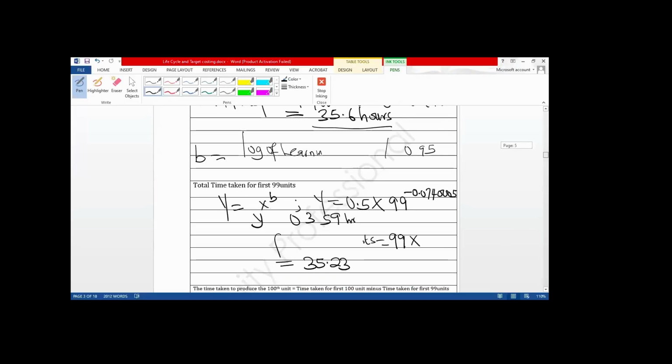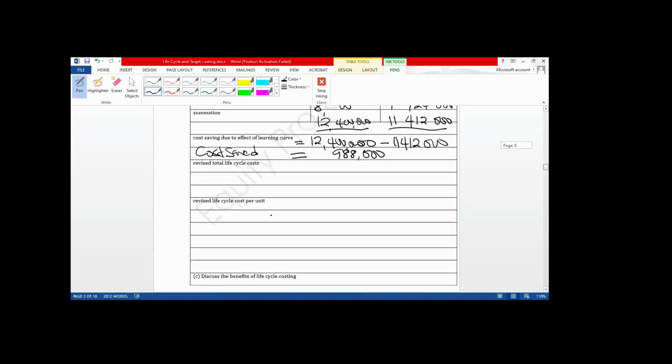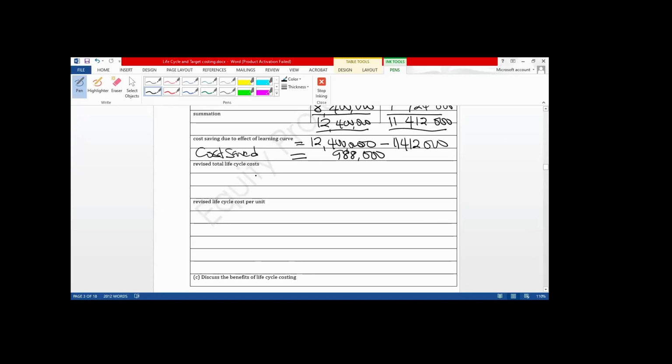I can now calculate the revised: 24,960,000 minus cost saved 988,000.